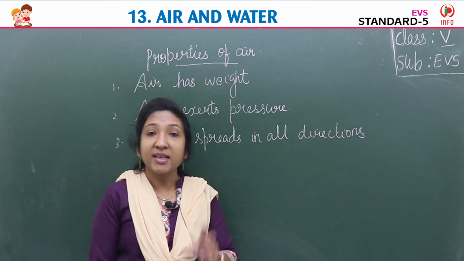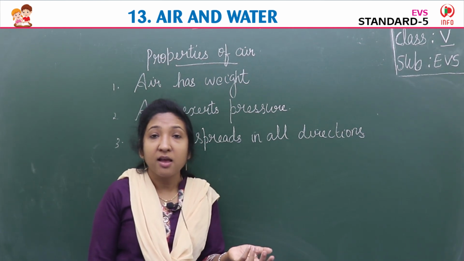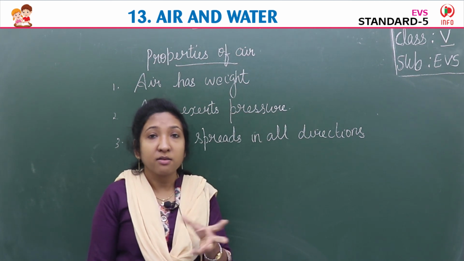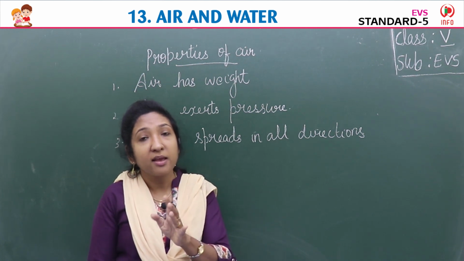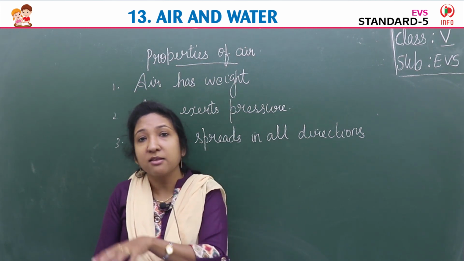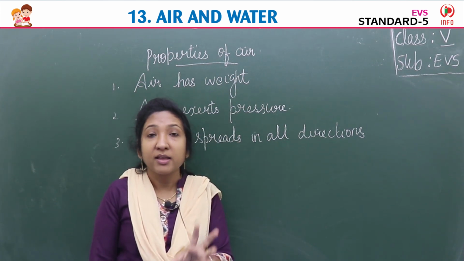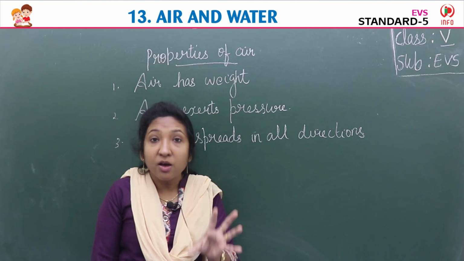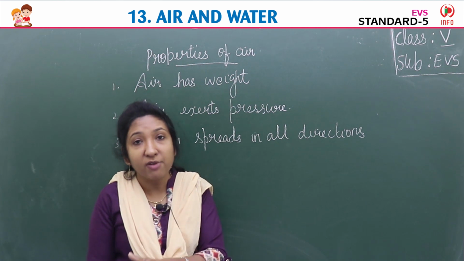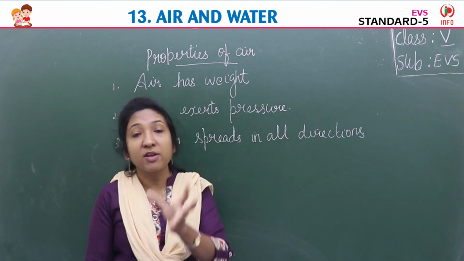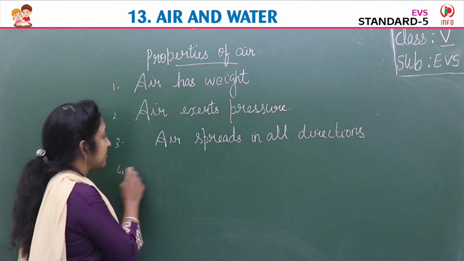Okay, children, just take two footballs which have no air in them, and to one football you pump the air. You can see slowly the air fills the full space of the football and it takes the round shape of the football. Now the deflated football becomes inflated. Air fills the space, or we can say air occupies space.